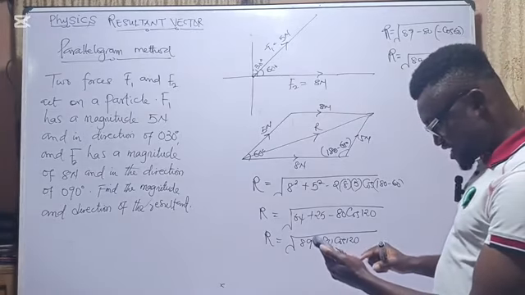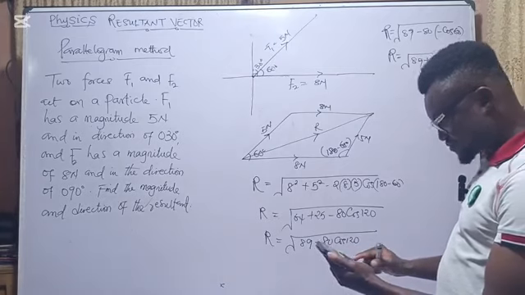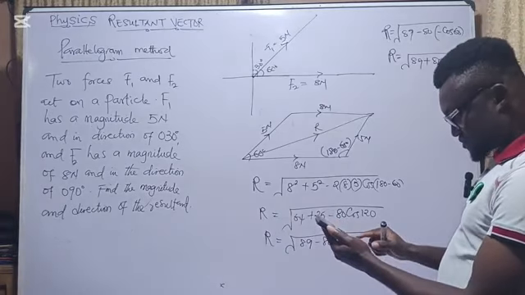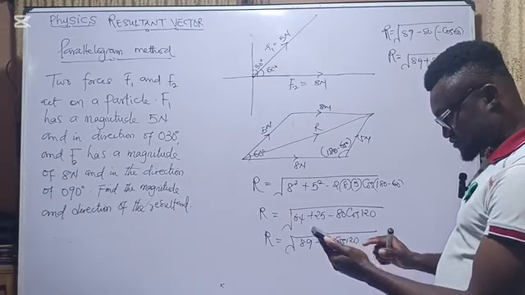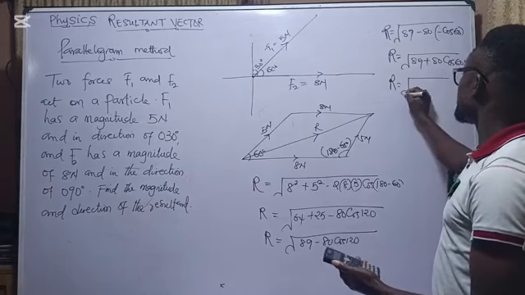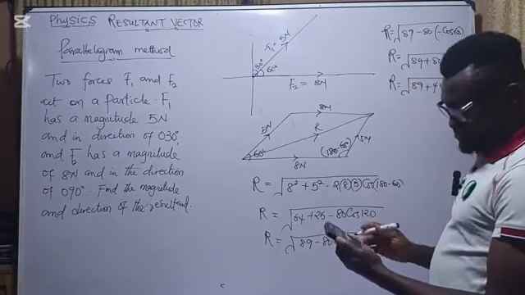So we have 80 cos 60. 80 cos 60 will give us 40. So we have R equal to the square root of 89 plus 40.